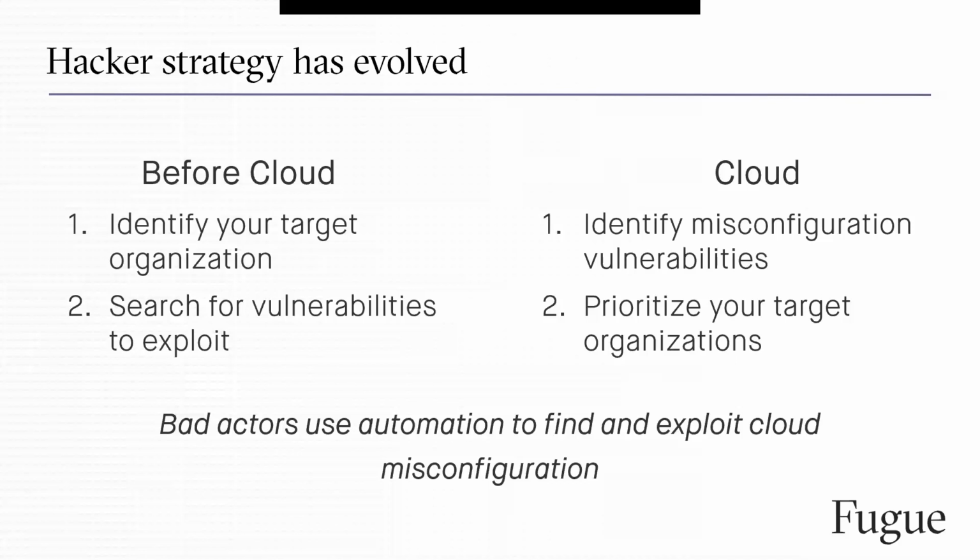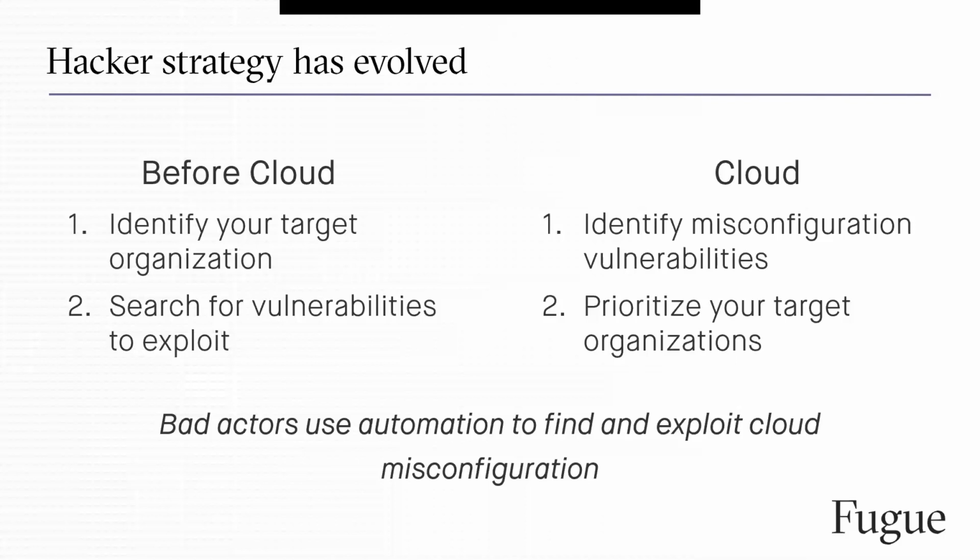In fact, a good friend of mine who does these kinds of things for a living on the good guy side told me that the average length of time for a resource to appear on the internet, to have a public-facing IP address or DNS record, and for it to be scanned for misconfiguration is about 7 minutes. So the bad guys, instead of targeting your organization, are just scanning everything you put online. They're doing it within a few minutes, and then they have a shopping list of targets that they can prioritize.